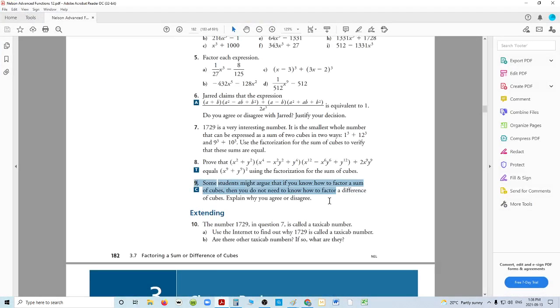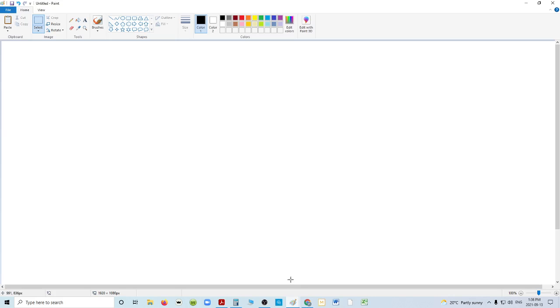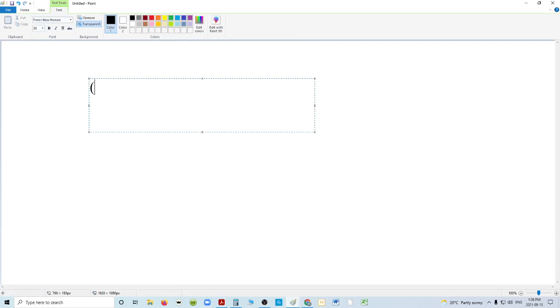Some students would argue that if you know how to factor a sum of cubes, then you do not need to know how to factor a difference of cubes. Explain why you disagree or agree. I agree. And here's why. Suppose I only know how to factor a sum of cubes. And let's take 9x cubed and 27.